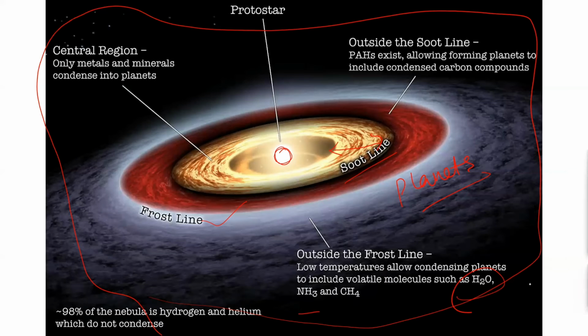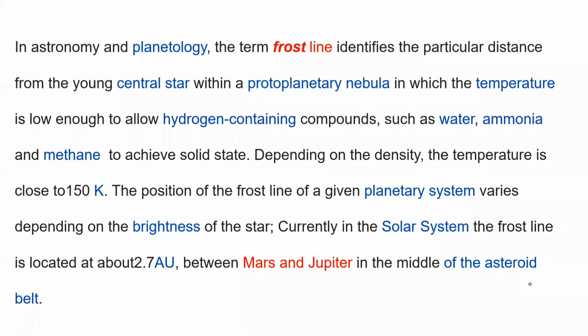In our solar system, the frost line is at about 2.7 astronomical units, which is in between Mars and Jupiter, about the middle of the asteroid belt.